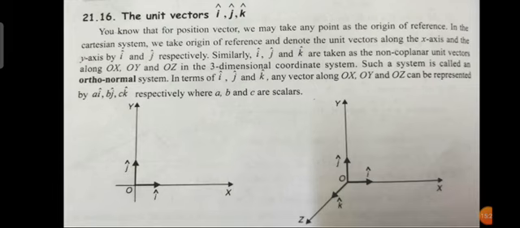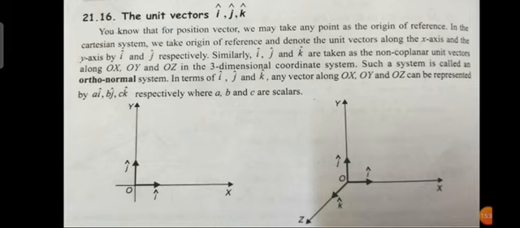For position vectors, we take a point as origin, the reference. In this Cartesian system, we denote unit vectors along the x-axis, y-axis and z-axis.